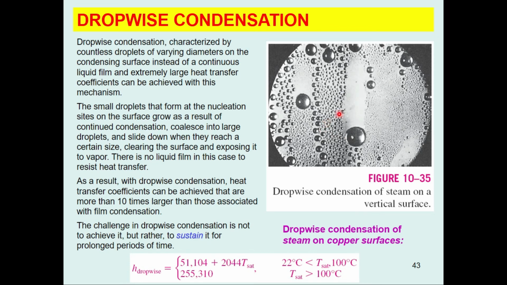So the small droplets form due to nucleation at the nucleation sites on the surface, and they will ultimately grow as a result of the continuous condensation process taking place at the surface. So they will ultimately emerge as bigger droplets, and these bigger droplets slide down when they reach a particular size.